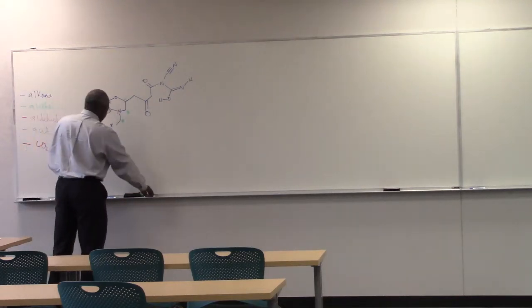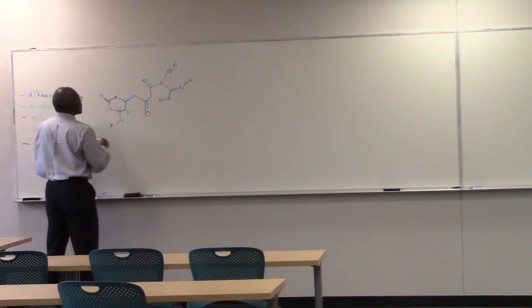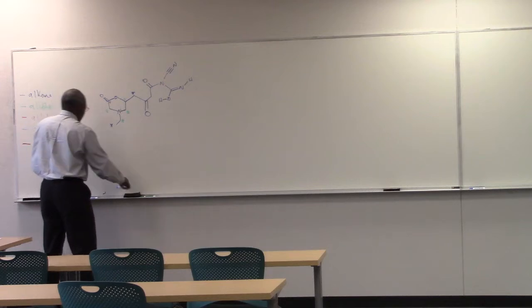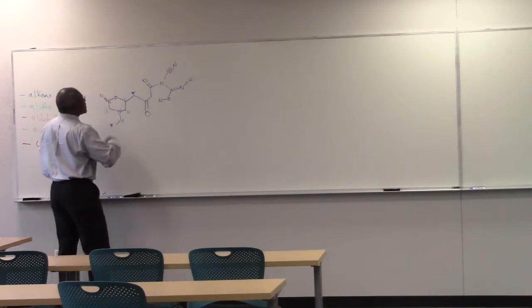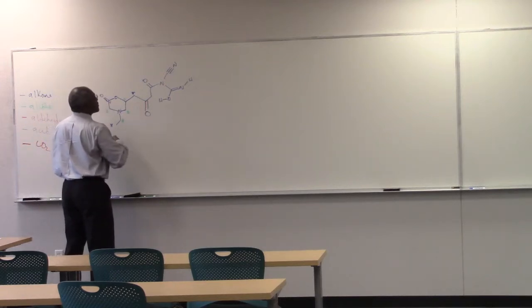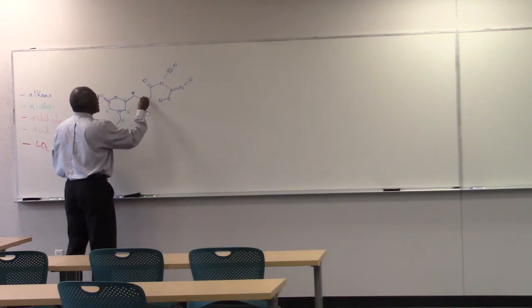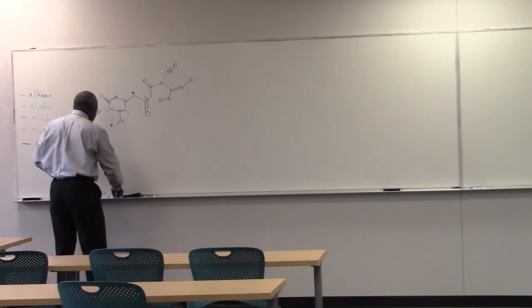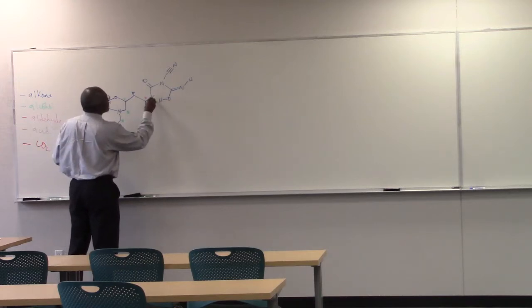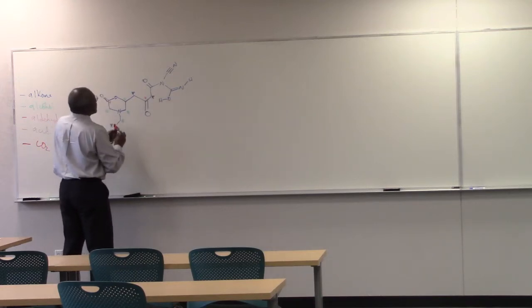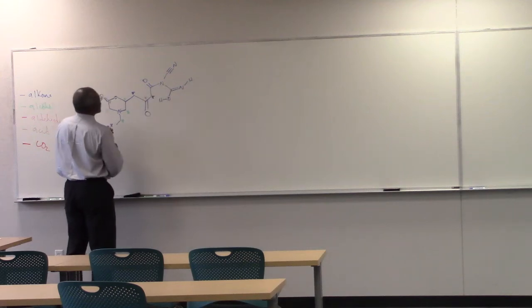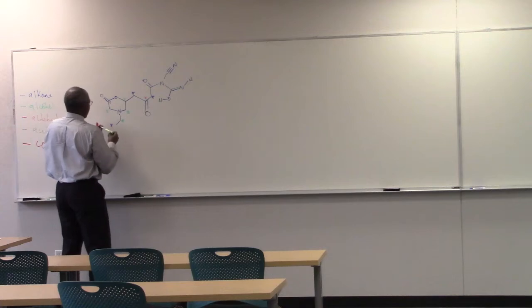This carbon has 0 bonds to heteroatoms, so that's at the alkane level. This carbon has 2 bonds to heteroatoms, so that's at the aldehyde level. This carbon has 1 bond to a heteroatom, so that's at the alcohol level. This carbon has 1, 2, 3 bonds to heteroatoms, so that's at the acid level.